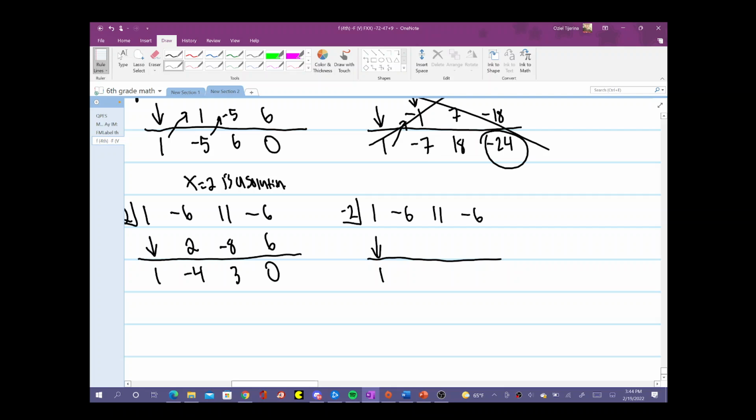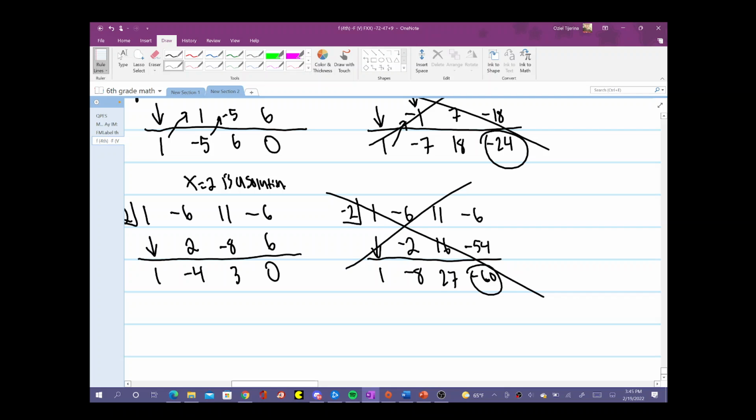Then x equals 3. You do the same thing: put your coefficients, then move the 1 down. 1 times 3 is 3. Negative 6 plus 3 is negative 3. Negative 3 times 3 is negative 9. 11 minus 9 is 2. 2 times 3 is 6.